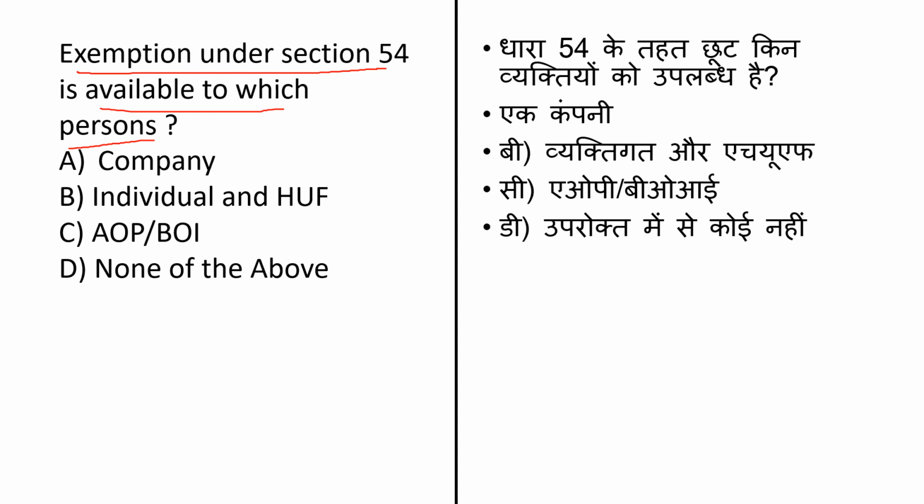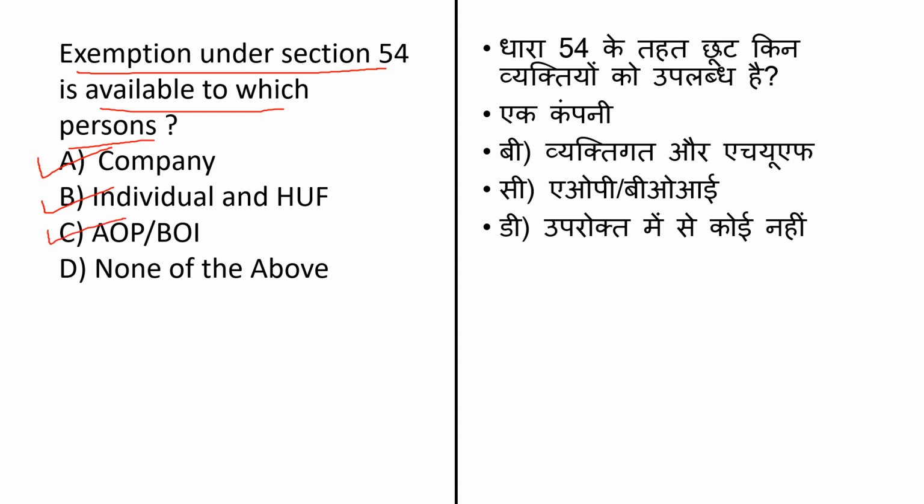Taxpayers such as a partnership firm, LLP, companies or any other association or body cannot claim the tax exemption under section 54. The first option is company, second option is individual or a HUF, and third option is AOP or a BOI.